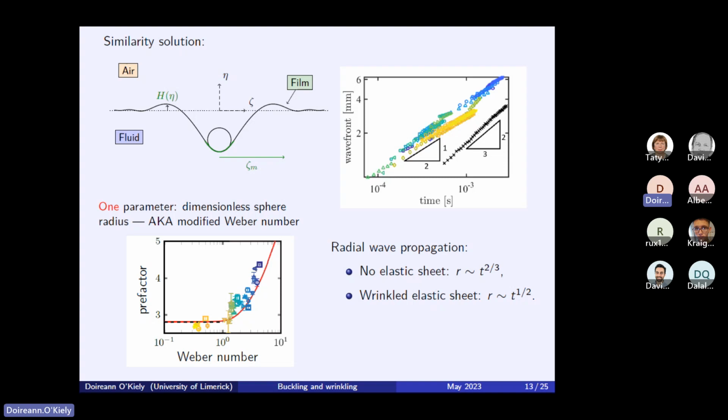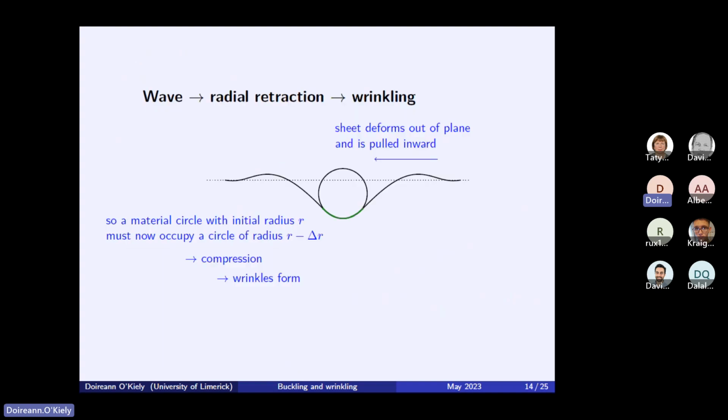Okay, so maybe I can just remind you of the big picture of this experiment and what we're trying to do. We're floating a sheet of elastic material. We're dropping an impactor on it that's pushing the sheet down, moving material radially inward. So a material circle that used to have some radius r now has a reduced radius.